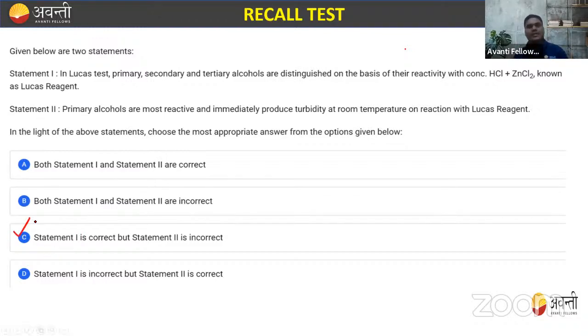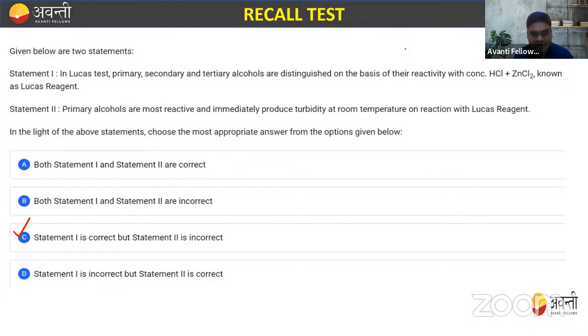Statement 1 is correct because the Lucas reagent, we all know, is concentrated HCl plus ZnCl2, and this Lucas reagent is used to distinguish between what, beta? It is used to distinguish between primary, secondary and tertiary alcohols. And how do they distinguish? बहुत सिंपल सा तरीका है. Primary alcohol does not produce turbidity at all, right?